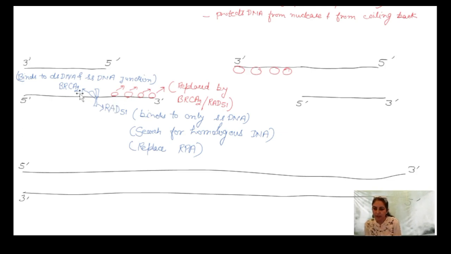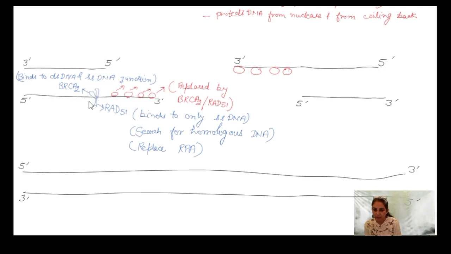After this, one more protein, BRCA2 or breast carcinoma protein 2, comes. This protein binds at the junction of double-stranded DNA with single-stranded DNA. See, till this portion the DNA molecule is in the form of a double strand, and after this portion it's in the form of a single strand where RPA proteins have already been attached. So the BRCA protein comes and attaches at the junction of the double-stranded DNA molecule with the single-stranded portion.